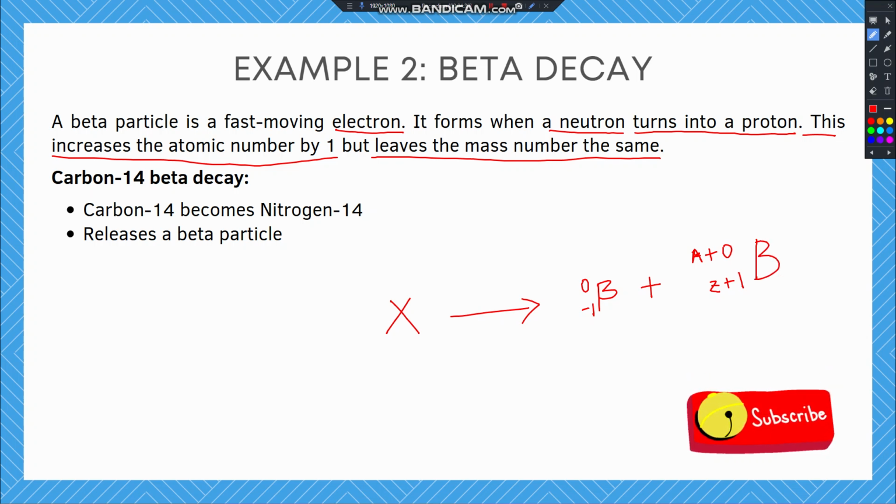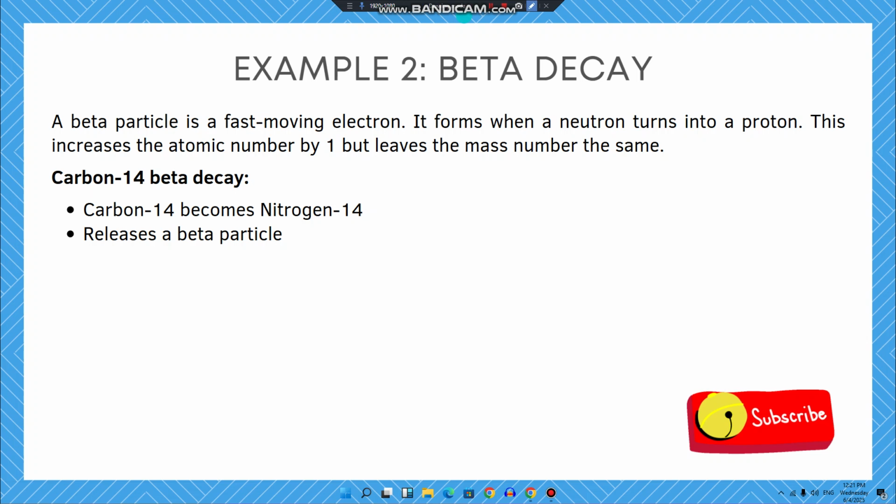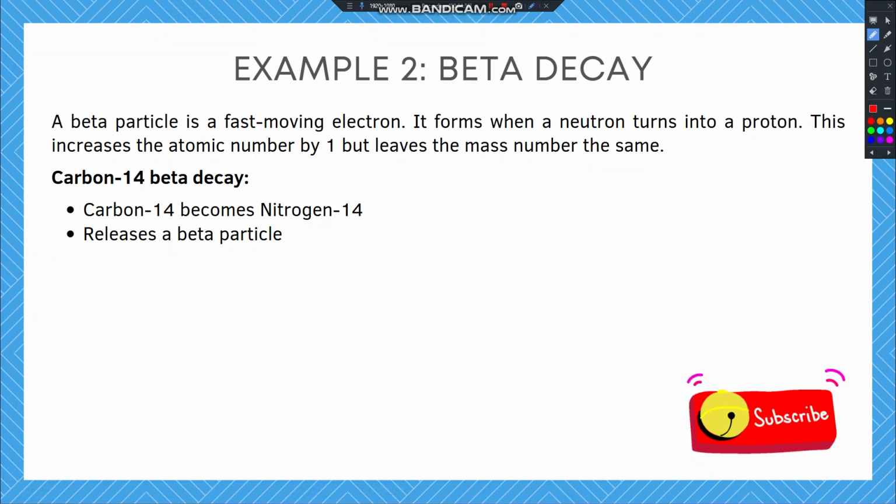All right, so let's solve this example we have on the screen right now. We have the carbon-14 beta decay. So first things first, let's write the symbol of carbon. Carbon has the symbol C, and carbon has the atomic number of 6. And in this case, they've told us the mass number of carbon, which is 14.